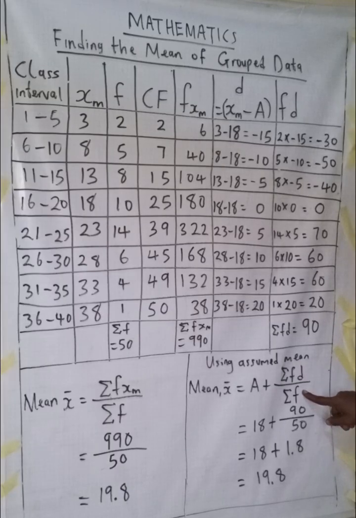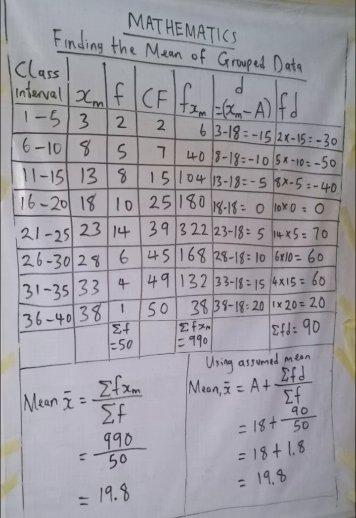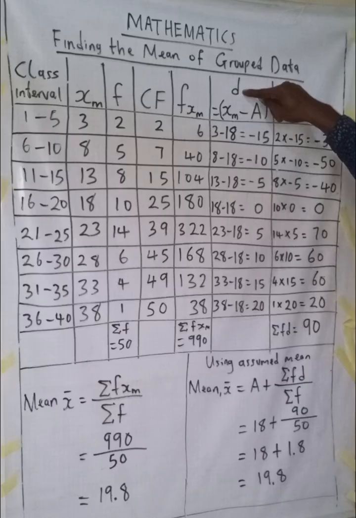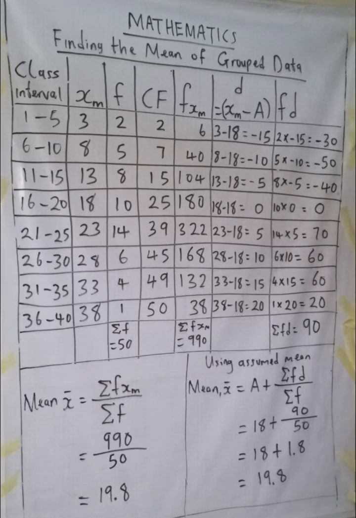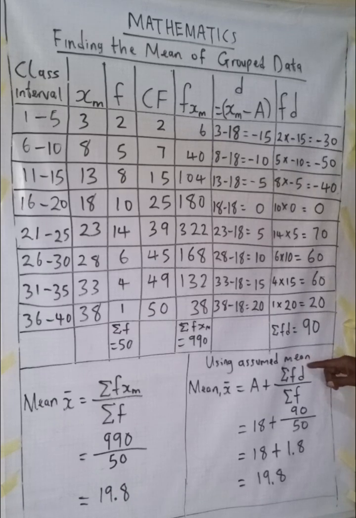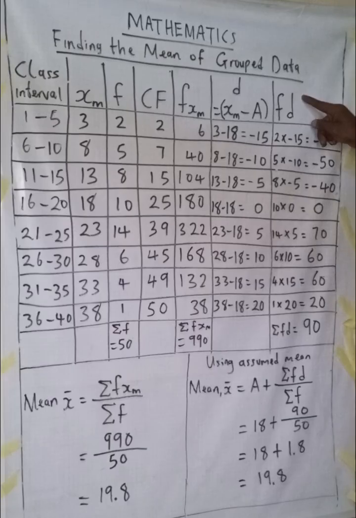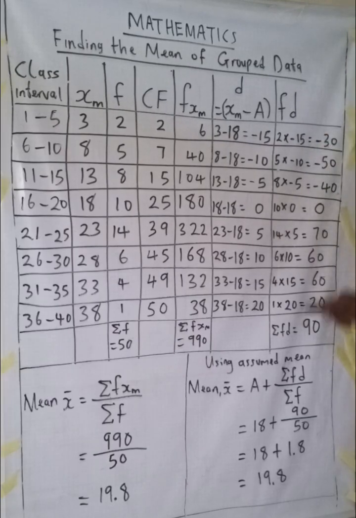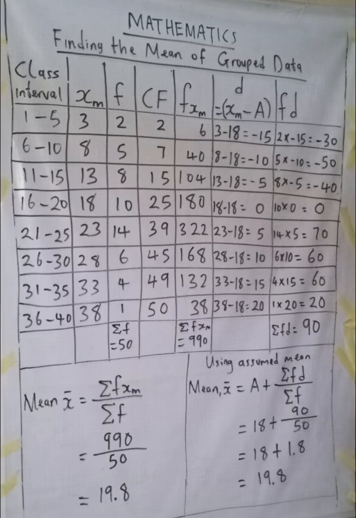So our table will also contain d and fd, so that we can find summation fd and find our mean using assumed mean.